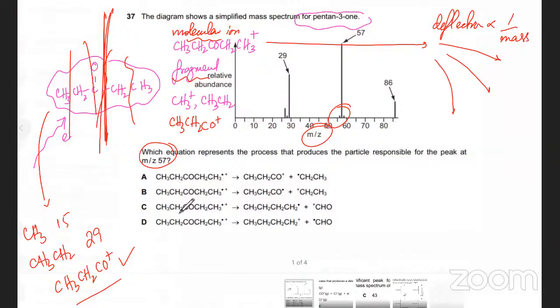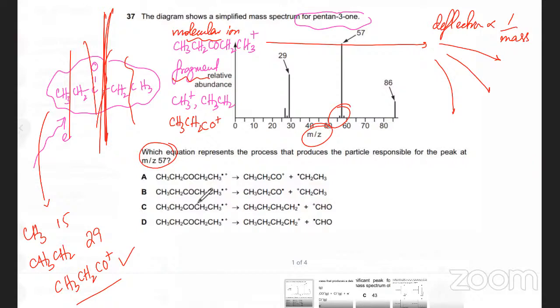So which one is the correct option now? It's either A or B. A and B are kind of similar, but A has the free radical and this one.